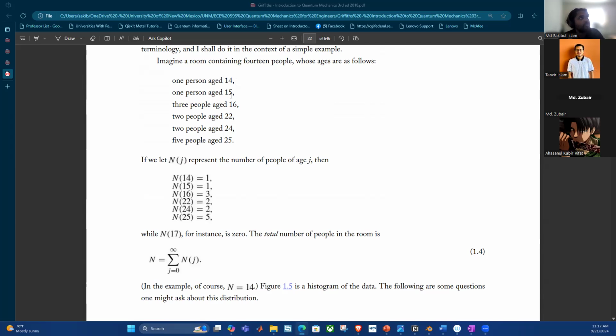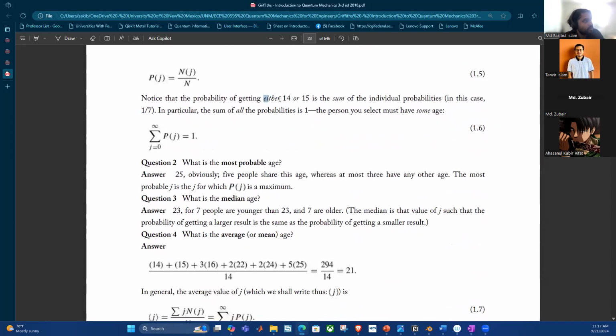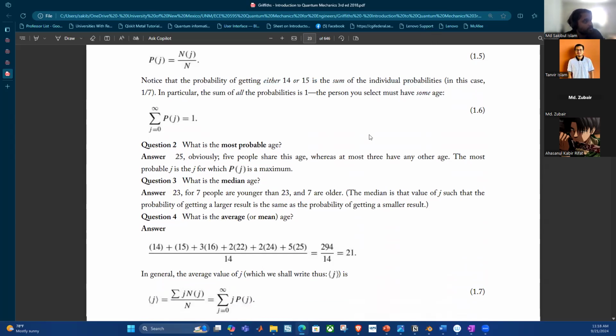And the probability of finding a person of age 15 is 1, because in this group only one person is 15 years old, divided by the total number of people. That means 1 divided by 14. So 1 divided by 14 plus 1 divided by 14 is 2 divided by 14, equal to 1 over 7. So that is the probability that the person's age could be either 14 or 15. So you should sum the individual probabilities.